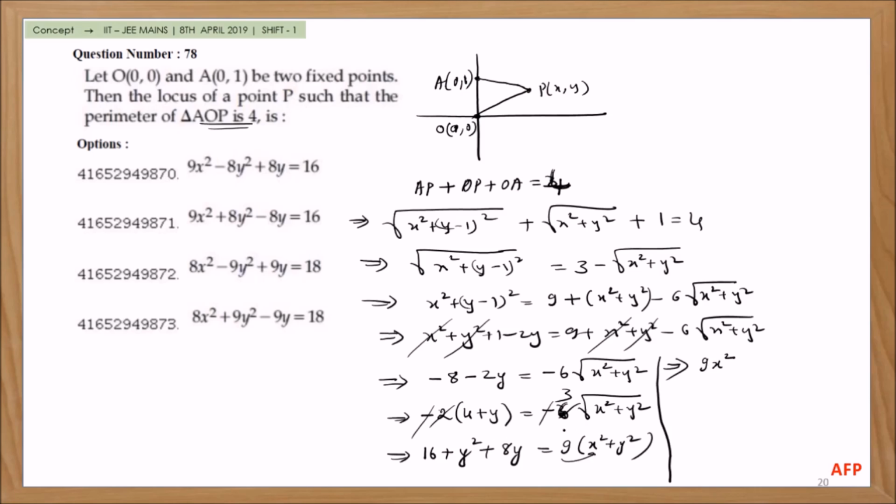I send y square to the other side, so plus 8y square, so 1 y square subtracted from here. I send the rest to the other side, minus 8y is equal to 16. So this is the answer we are getting. So which option does it follow? The second option follows.